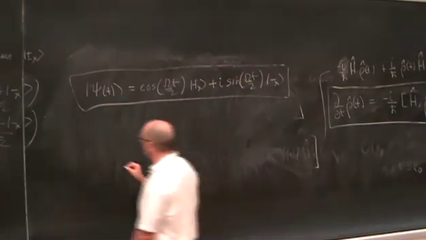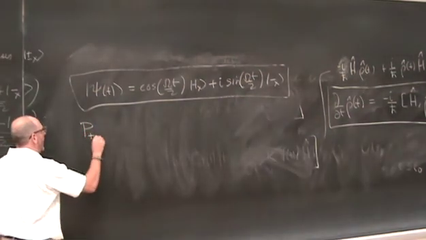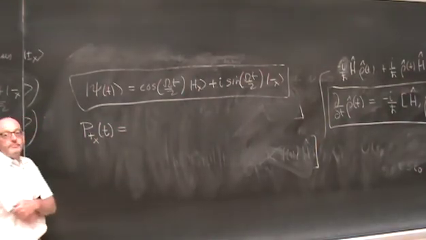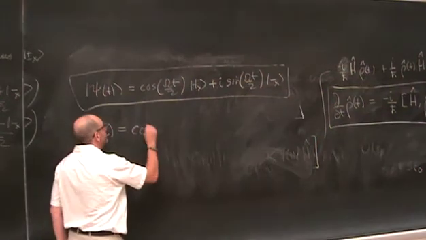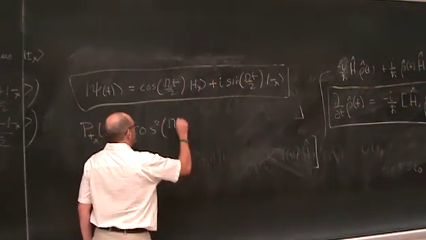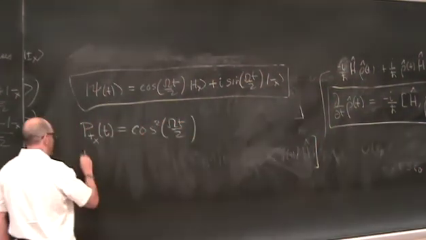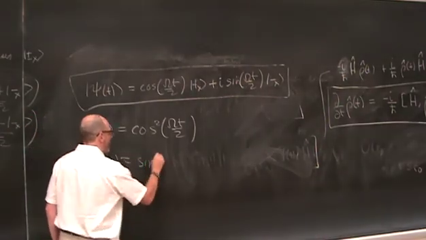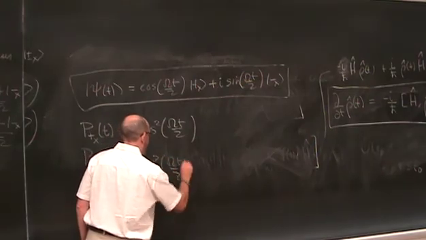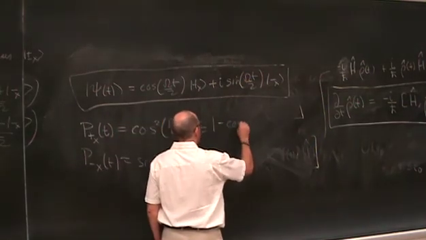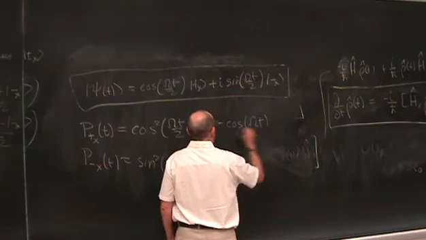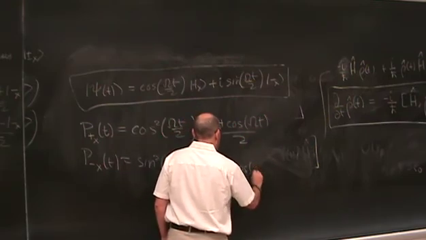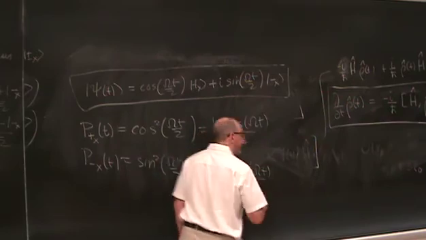So what is the probability to be spin up along x at some later time? Cosine squared. Excellent. And similarly for down, it's sine squared. Or one plus or minus cosine omega t over 2, this is the plus, and this is the minus. We're using some trigonometric identities.